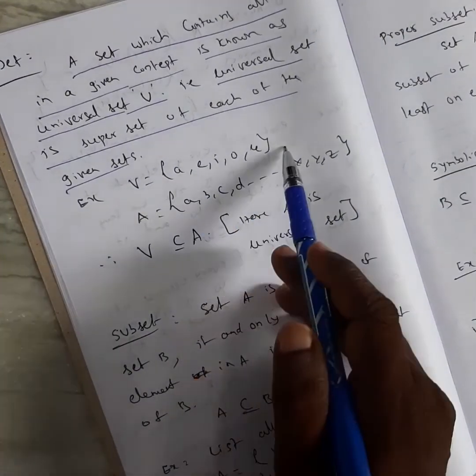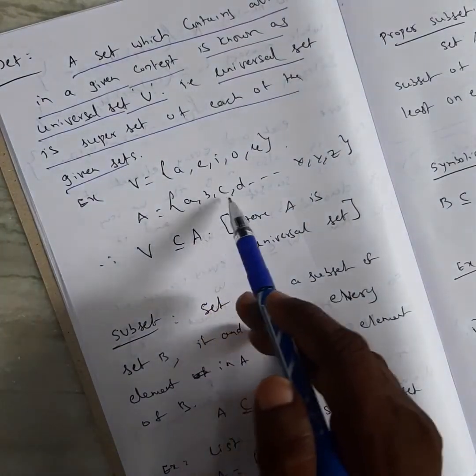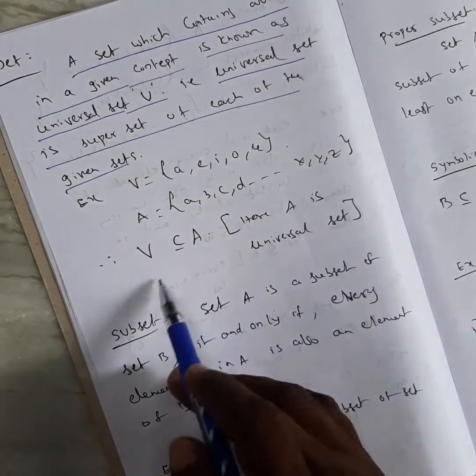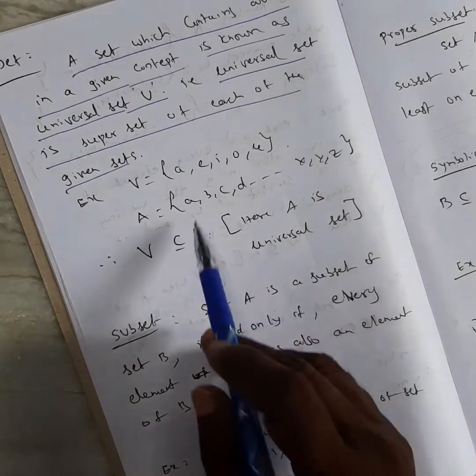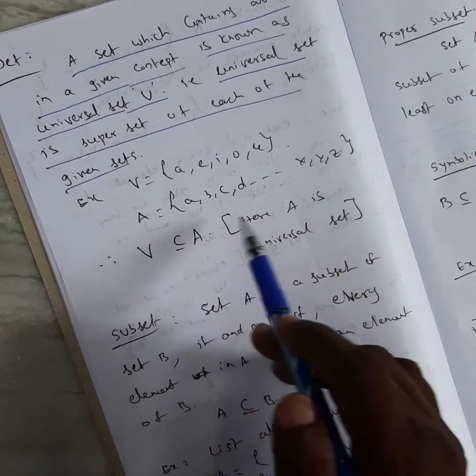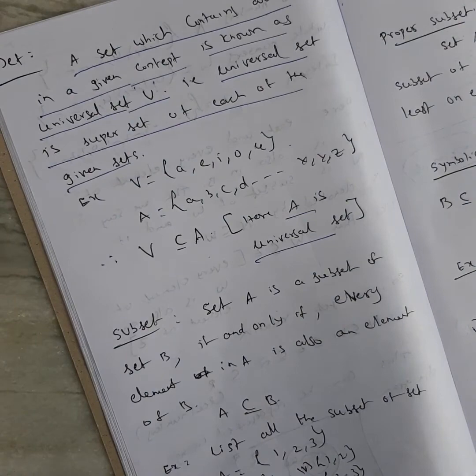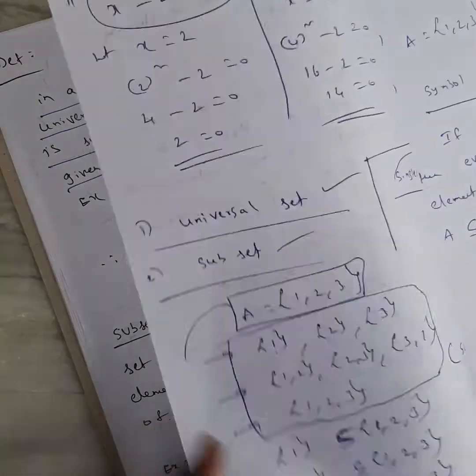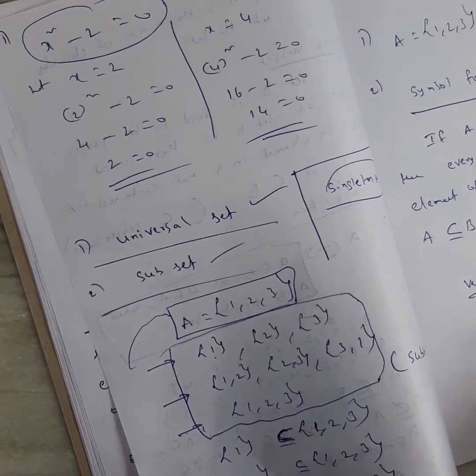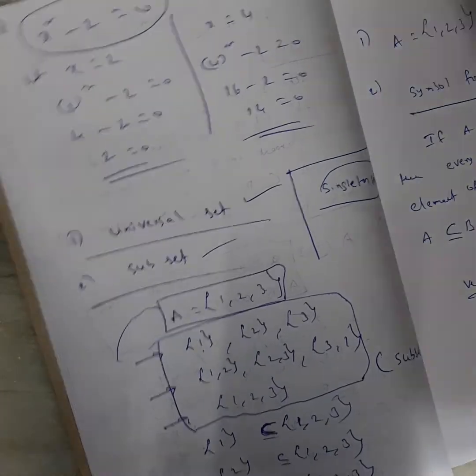Example: if V is equal to {A, E, I, O, U} and A is equal to {A, B, C, D} and so on, each element is contained in mu. The symbol for the universal set is mu.